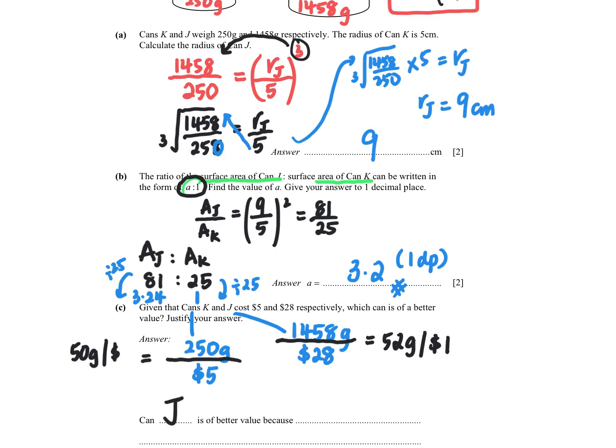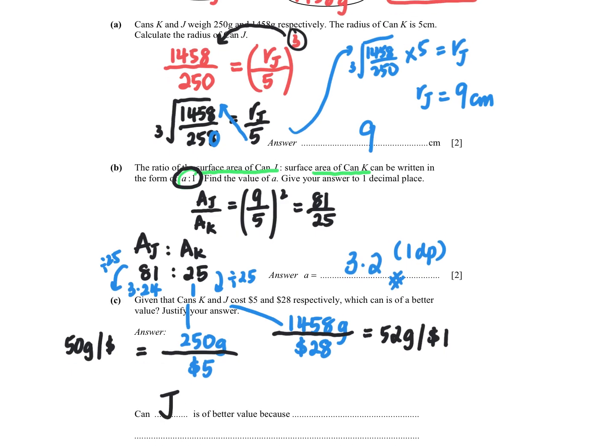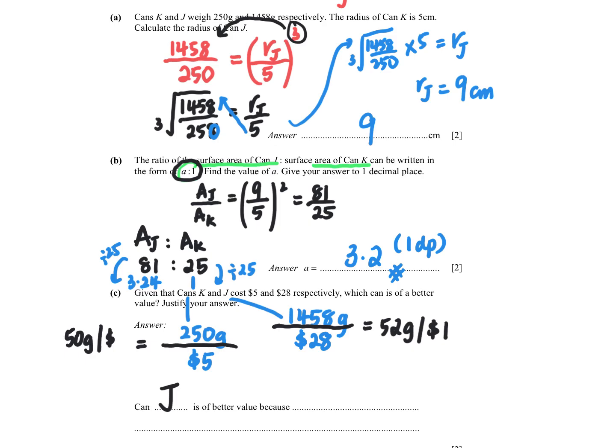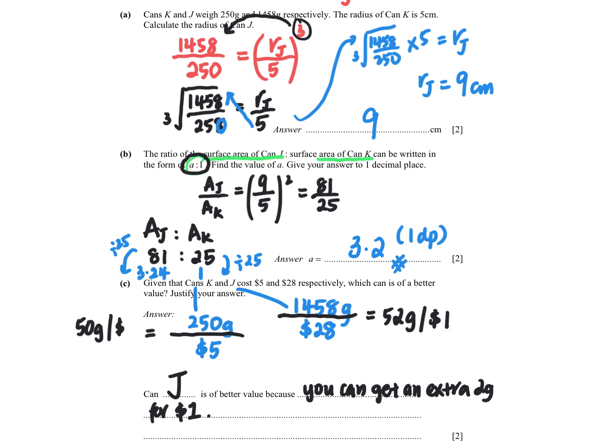J, right? Because you can get an extra 2 grams for $1 from can J.